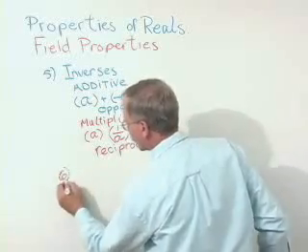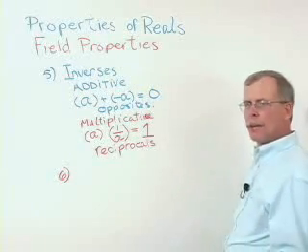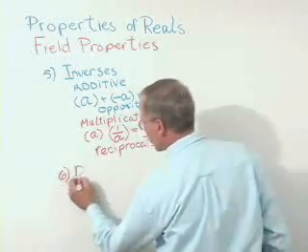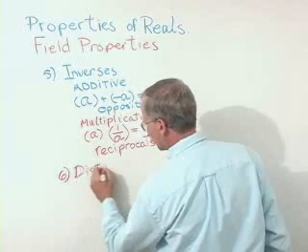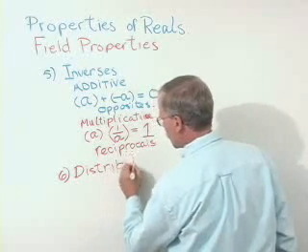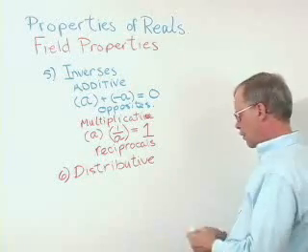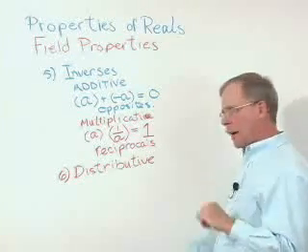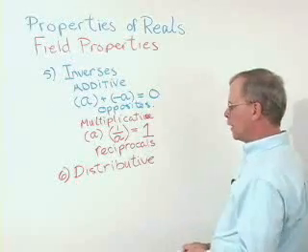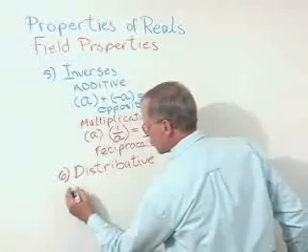One you've used a lot, no doubt, in your past math courses: the distributive property. The distributive property is the only one that uses both adding and multiplying in it, and it looks like this.